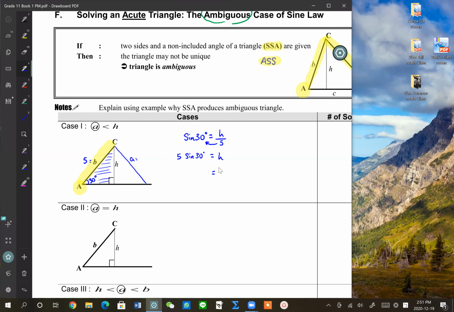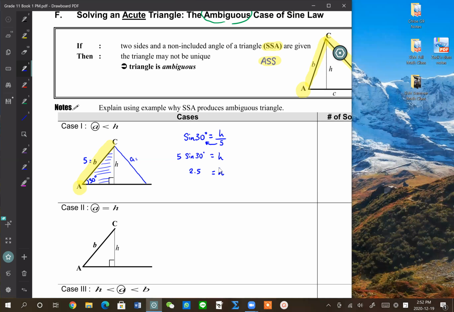How long is the height? I got 2.5. Chris, how about you? 2.5, the same. Everyone got 2.5? Okay, let's move on.